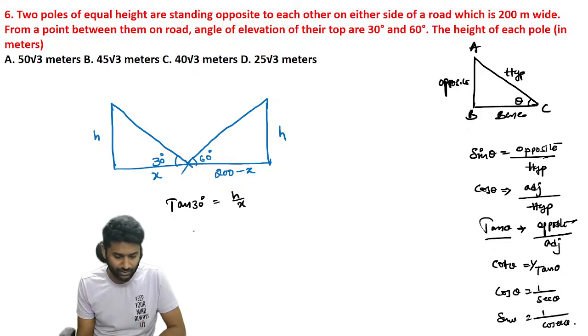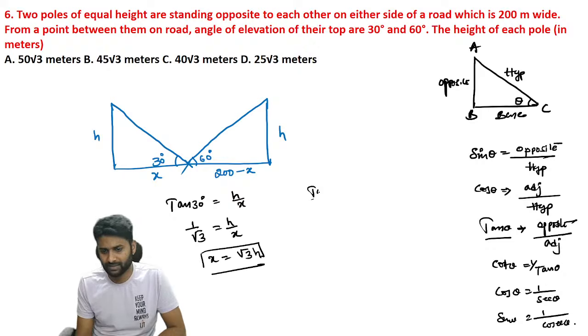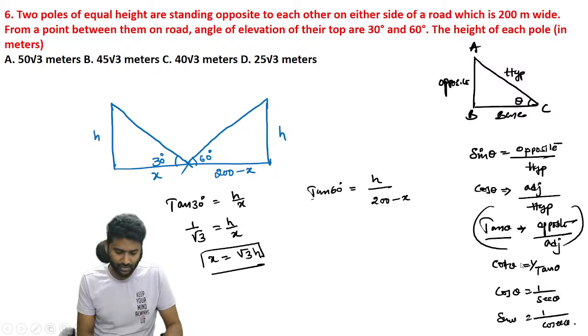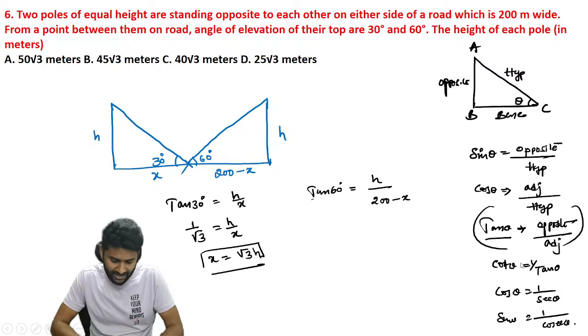You know that tan 30 is 1 by root 3, so 1 by root 3 is equal to h by x. So x is equal to root 3 h. In the same way, take another equation, tan 60. Tan 60 is equal to h divided by 200 minus x. Why? Because tan theta is opposite by adjacent.